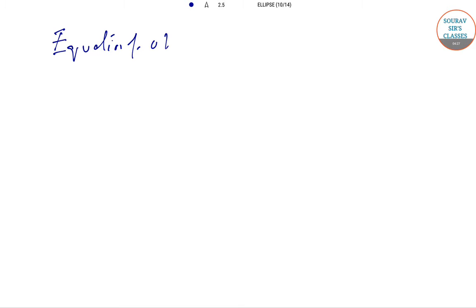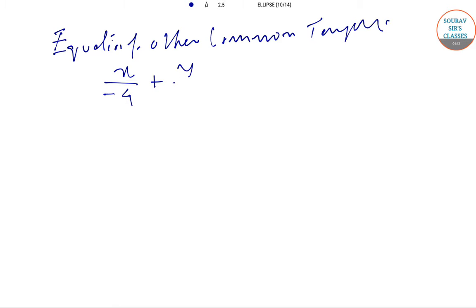Equation of other common tangent will be x by minus 4 plus y by minus 2 is equal to 1, or x plus 2y plus 4 is equal to 0.